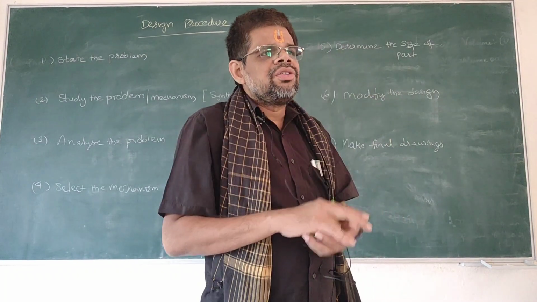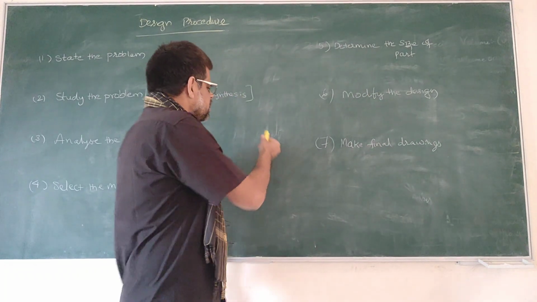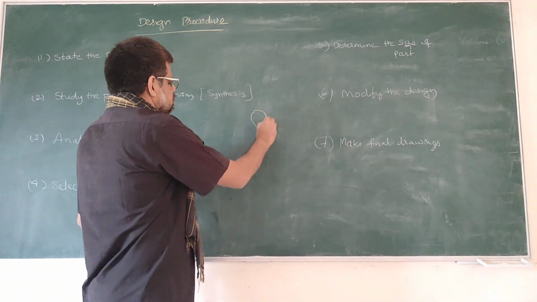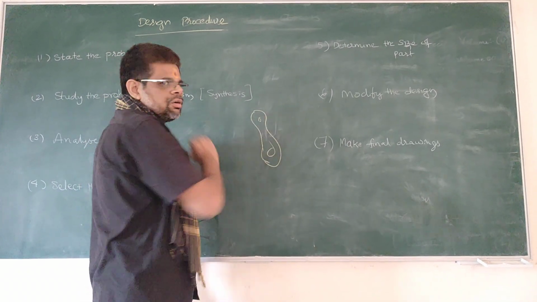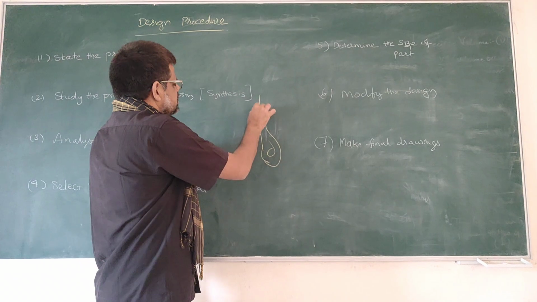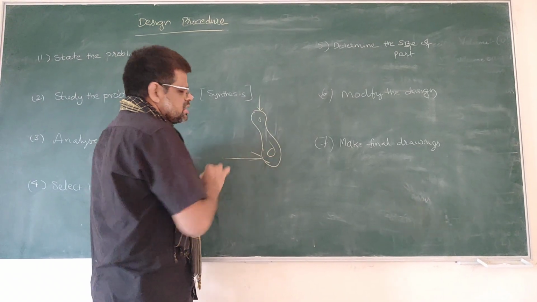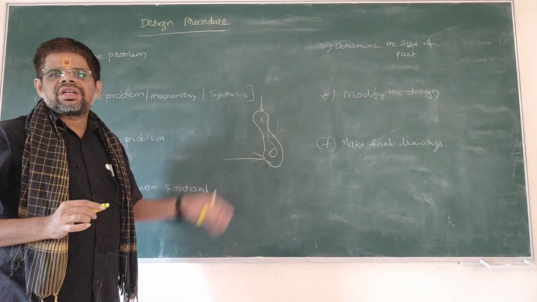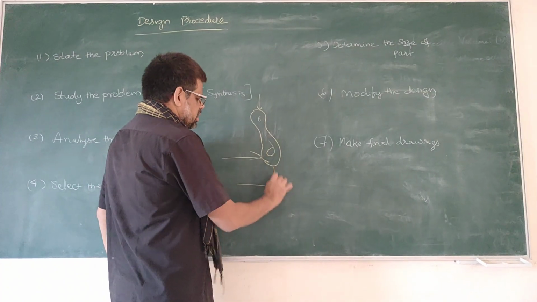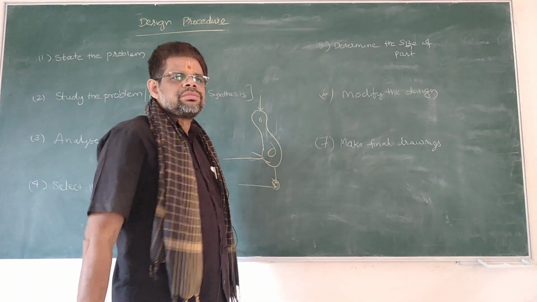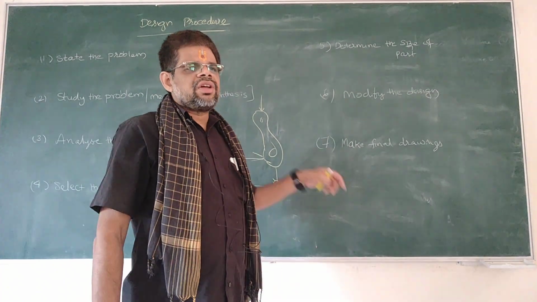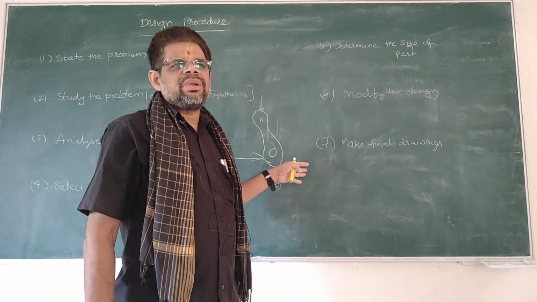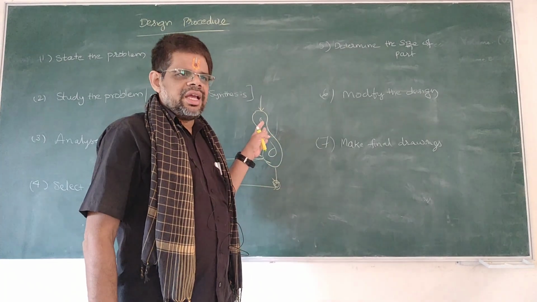If necessary, you have to draw a free body diagram. Say for example, this is the connecting rod. Now what are the forces acting? A force is acting like this, a force is acting like this. Like this you have to draw the free body diagrams. By drawing the free body diagram, you can understand the behavior of the forces on the element.